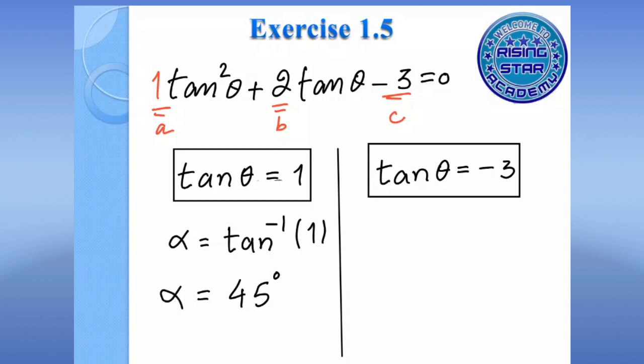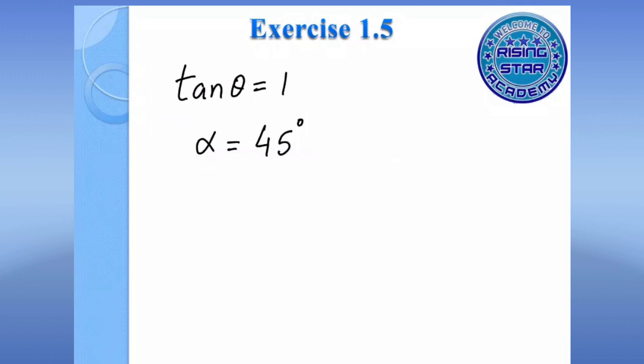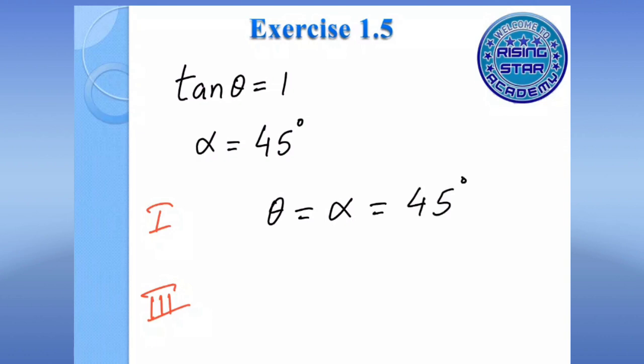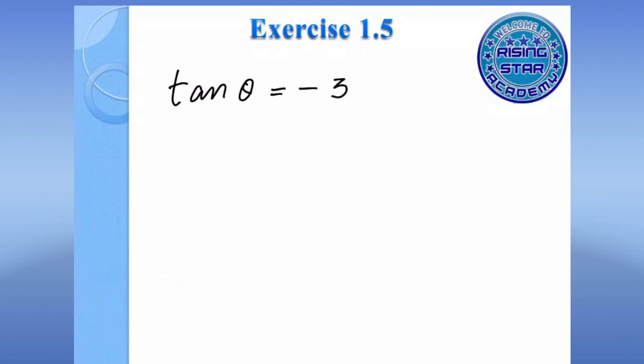That is my alpha, and we know that the tan is positive in the quadrant number 1 and the quadrant number 3. So we will find the values. So now in the first quadrant and the third quadrant, theta is equals to alpha, that would become 45 degree, and here we have theta is equals to 180 plus alpha.